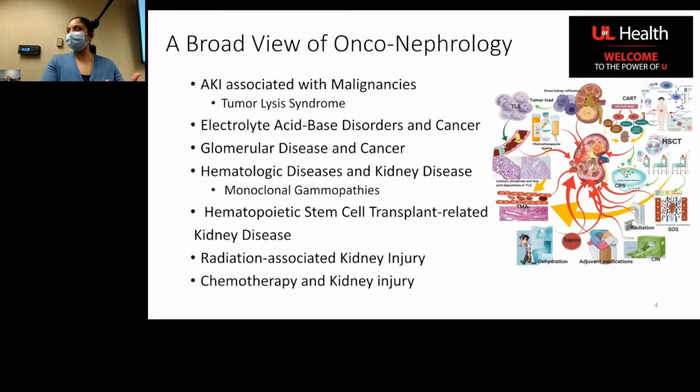Of course, this list is pretty long, but the main things that I will highlight are the AKI associated with malignancies, which also includes tumor lysis syndrome, and electrolyte and acid-base disorders. Believe it or not, I think I get more referrals for that than for AKI or CKD in these patients. And then glomerular diseases in cancer patients, hematologic diseases, and of course we cannot forget radiation-associated disease, and sometimes we can see post-obstruction renal disease.